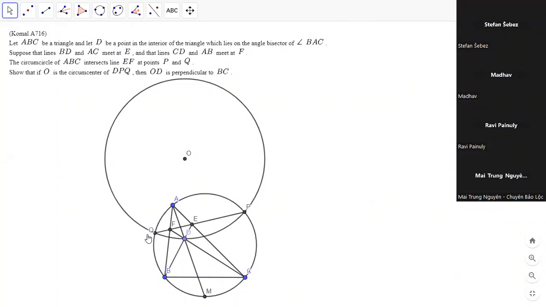I think we should get rid of the circumcenter. It doesn't really matter. You could formulate the problem with isogonal lines.